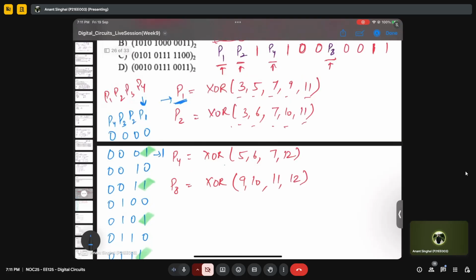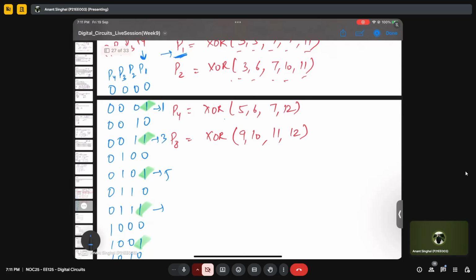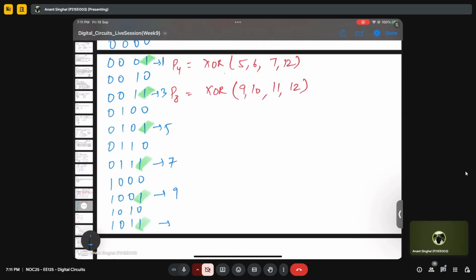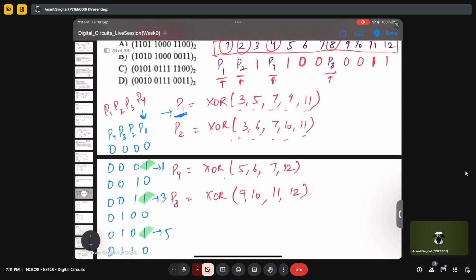So we'll only use this when we are checking any code, but the parity bit itself is at position 1, so we are not using it now. Then we have 3, then 5, then 7, this is 9, this is 11. So this is how 3, 5, 7, 9 and 11 come.